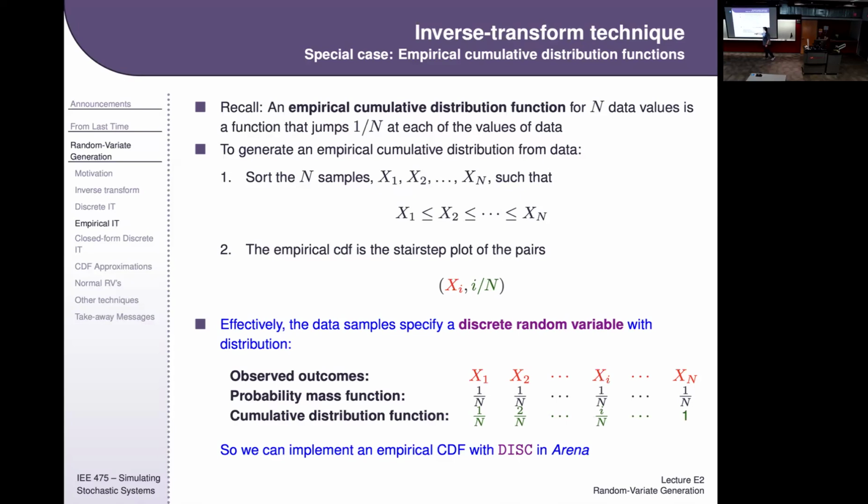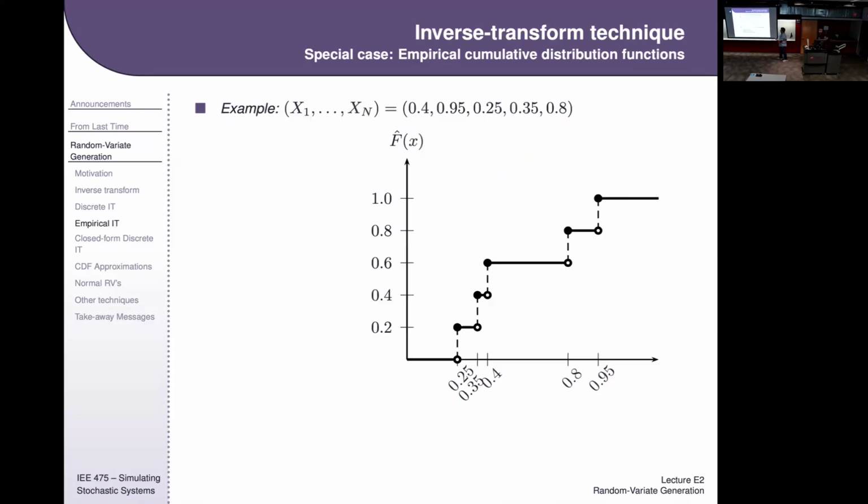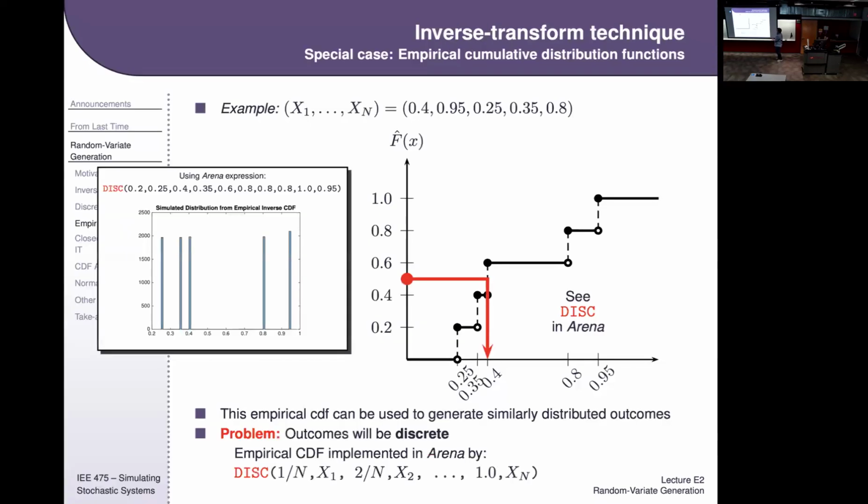And then the CDF is basically that. So that's where this sample CDF comes from. With that, what Arena is doing is this inverse transform technique where if you draw a bunch of values, it's going to give you just those values out.